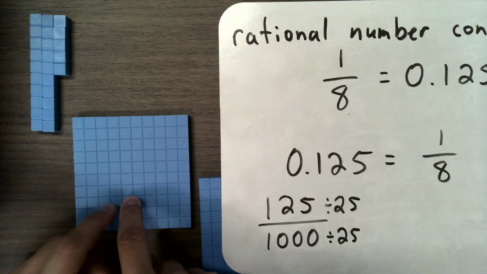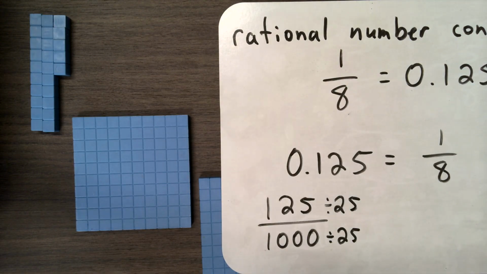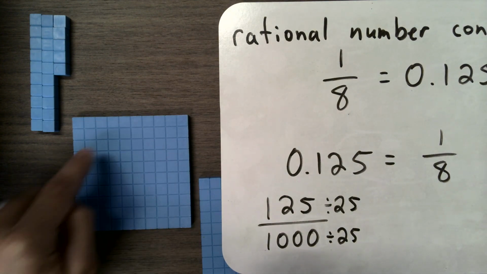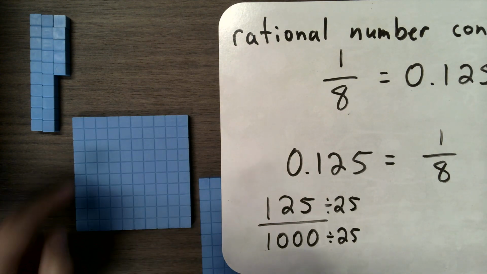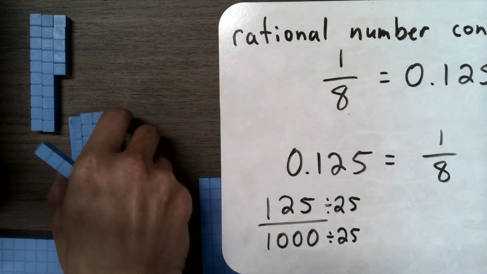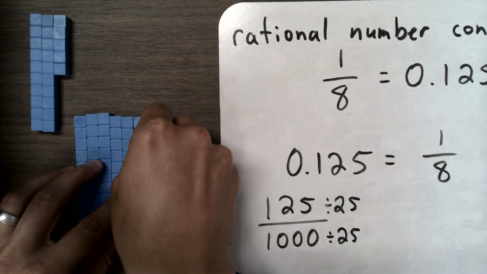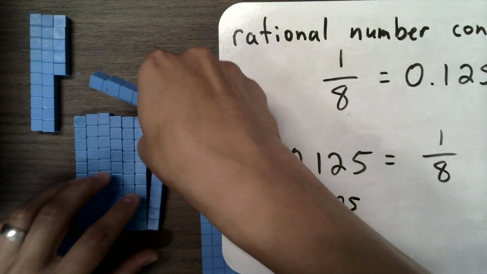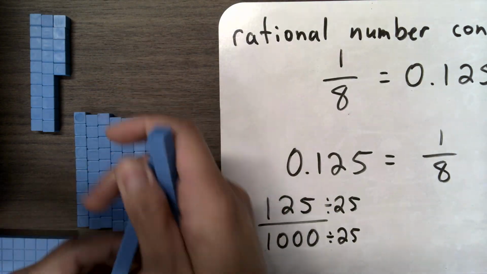So this will need to be subdivided or broken down. So instead of having 100 of those thousandths in this square, we'll want to exchange this for our hundredths.